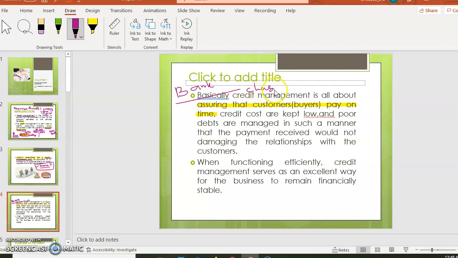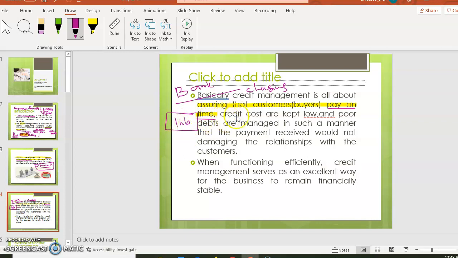So always dia akan chasing the customer lah untuk pastikan customer tu akan pay on time. Untuk bayar setiap kali, kalau dia perlu bayar setiap 1 hari bulan, bank akan pastikan. Sebelum dia bagi pinjaman tu, dia akan pastikan this customer are able to do that lah.